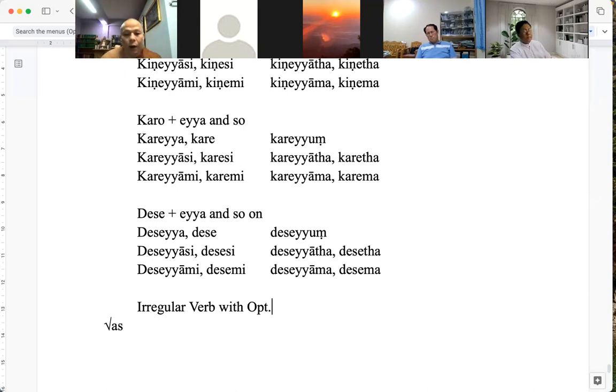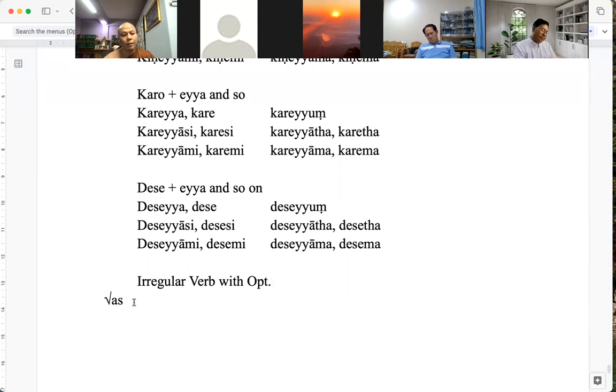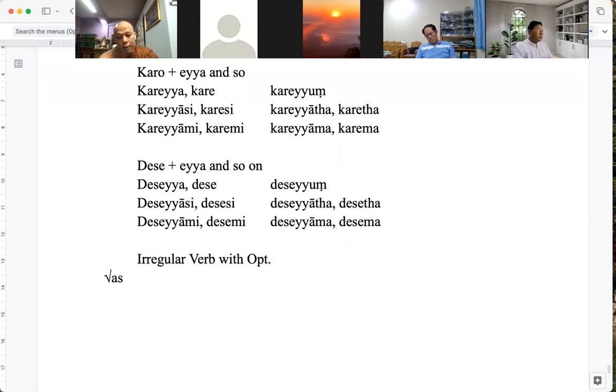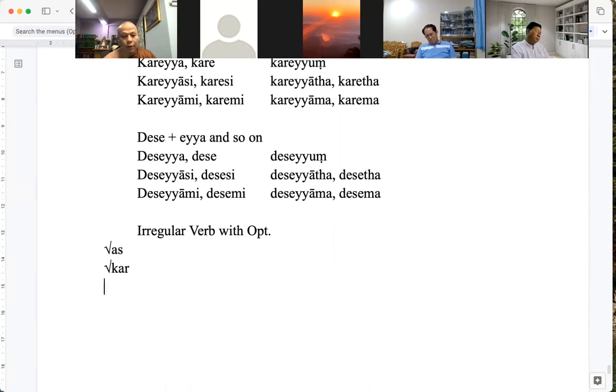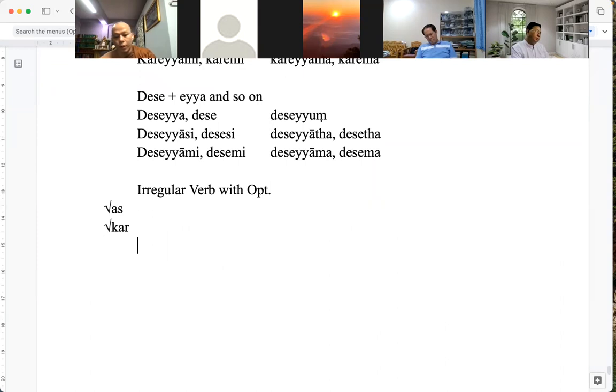The first one is root us. And then the second one is root guard. So these two roots are very common to form irregularly with the optative verb. So for them, we need to know the special optative verb termination.